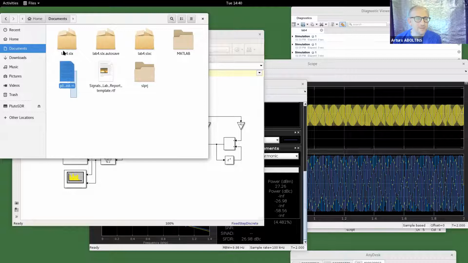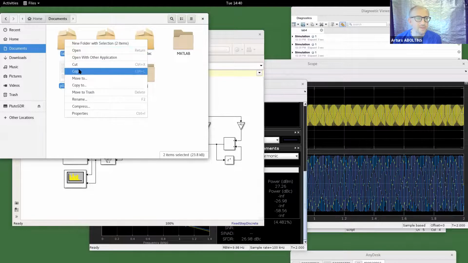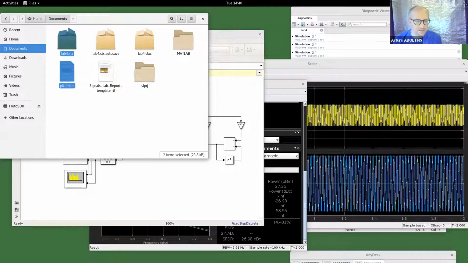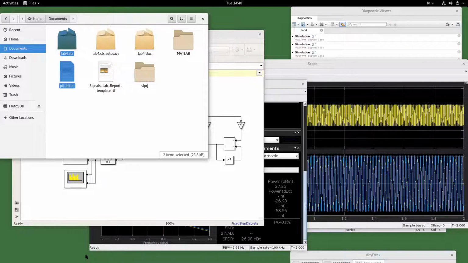Okay, I need this too, for example. Copy. Okay, let's check. Then I go to my Macintosh, go to some desktop, for example. No, it doesn't work for me. But in Windows it will work.